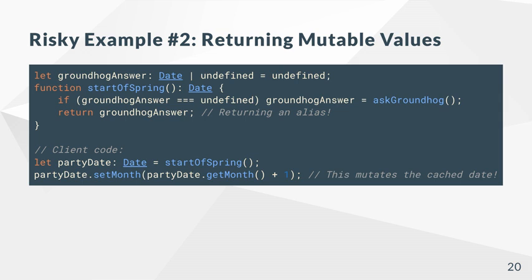If a client receives this date and decides to move their party date 1 month later by calling setMonth, they aren't just changing their local copy because Date is mutable. They are actually changing the cached value inside the function itself. Every future call of startOfSpring will now receive the wrong modified date.